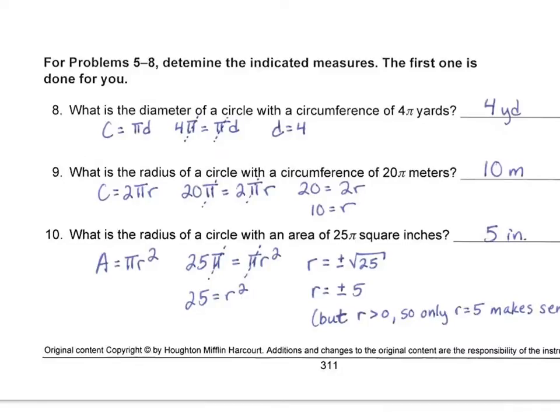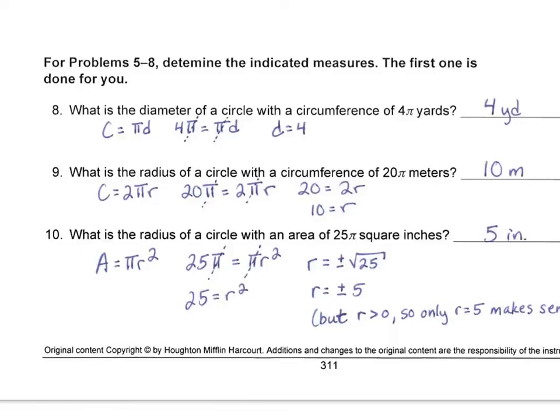Again, the pi's are going to cancel out, but this time I have a quadratic equation of 25 equals r squared. And to get down from r squared to just r, I need to take the square root of both sides of the equation. When I do that, I actually technically get algebraically two answers there.